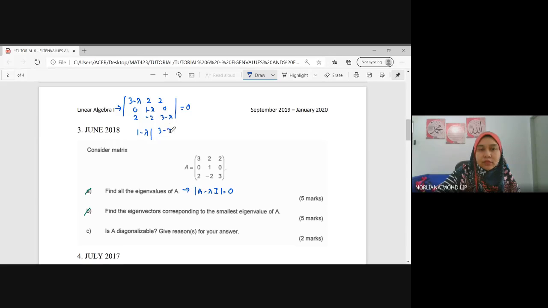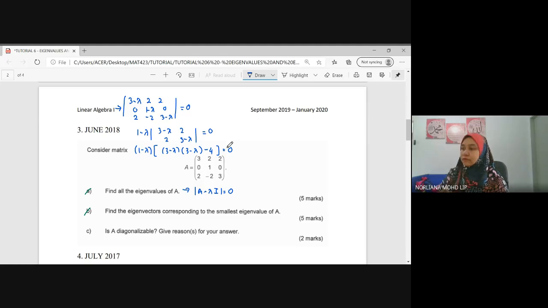So 3 minus lambda 2, to 0. Minus lambda. Then we have to expand this equation.